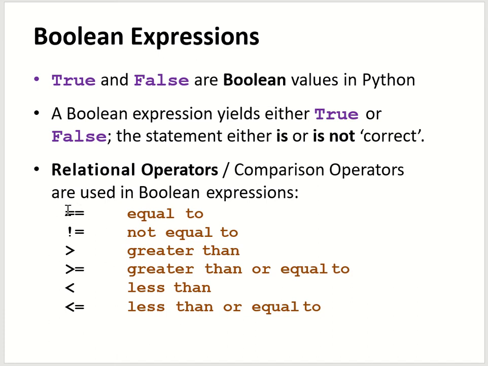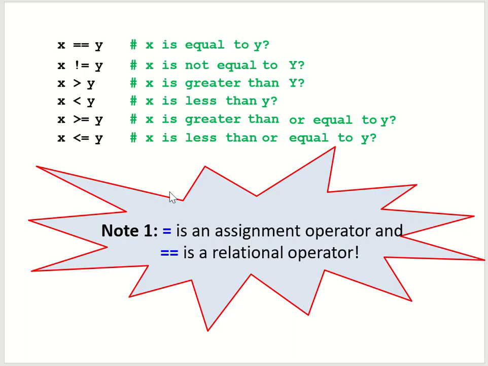Equal to, actually 2 equal signs together. It's the relational operator. Exclamation mark, equal sign, that means not equal to. Greater than, less than, greater than or equal, less than or equal. First of all, on this slide, it may be helpful to think of these as questions.